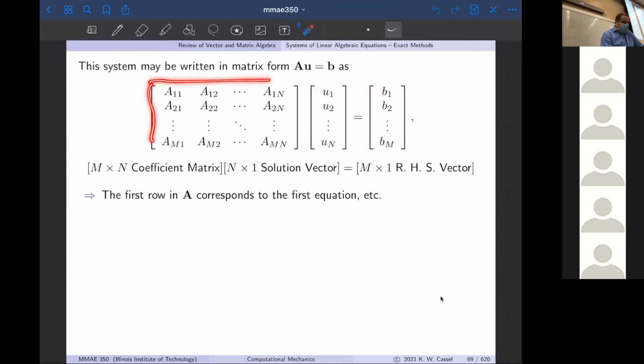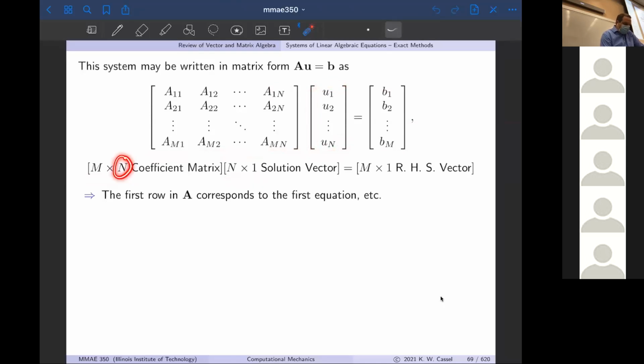And then the coefficient matrix A, which is m by n, so m rows by n columns, that is all the coefficients a11, a12, a13, all the way through. Now you notice this is a matrix multiplication problem. We have an m by n coefficient matrix. The solution vector is n by 1.